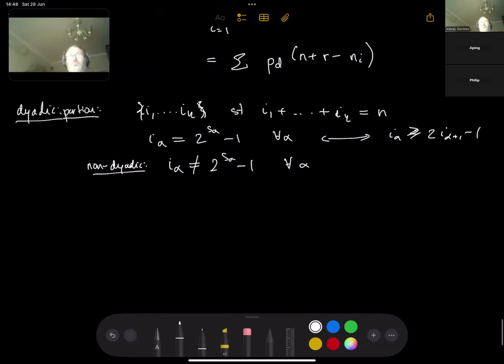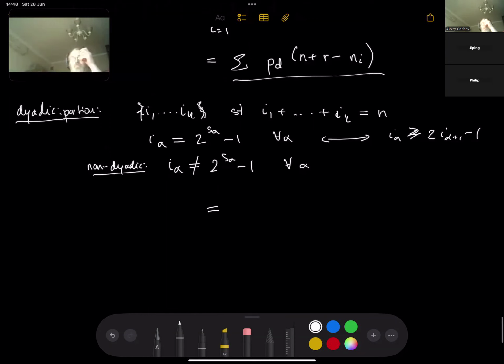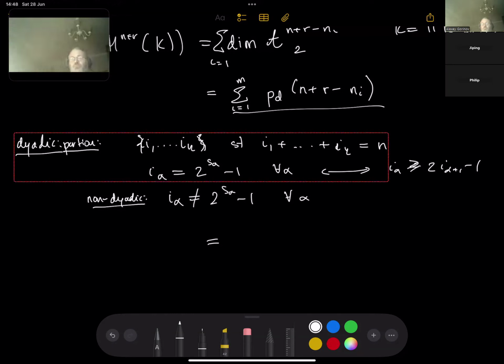Right, and then I'll rewrite this in terms of m_k. This was a sum from i equals 1 to m. Now n_i can take the values from r to n plus r.